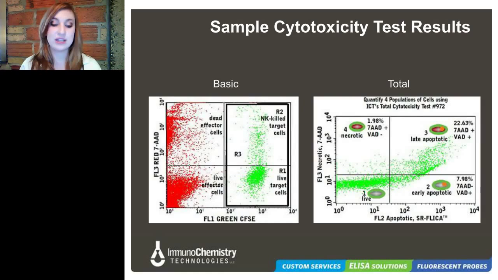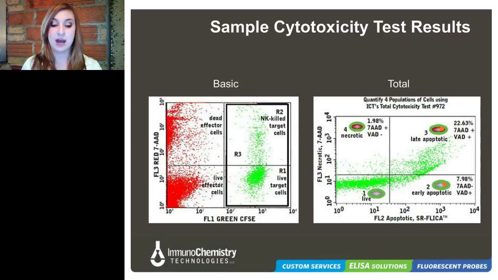Once the green target cells from R1 and R2 have been gated, we derived a plot of polycaspase apoptosis reagent SR FLICA versus the live dead viability stain 7AAD in this right total cytotoxicity plot.